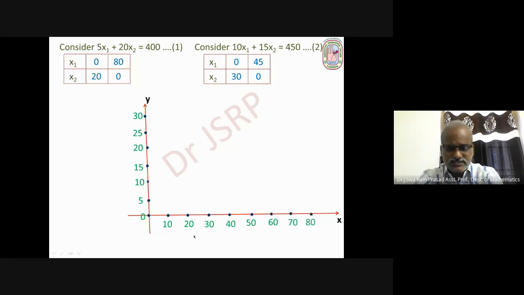So 1 centimeter equal to 10 units on the x-axis. Put these points at equidistance, 1 centimeter each, so we get an accurate graph. If you have any doubt, you can unmute your mic and ask immediately.